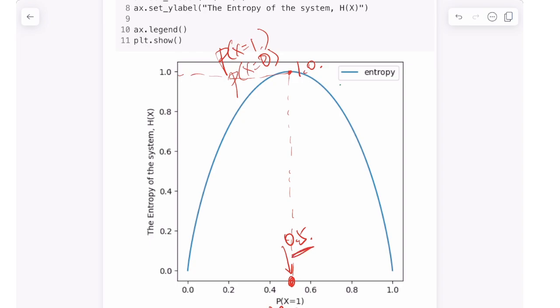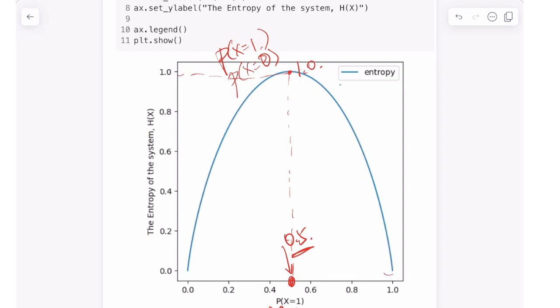So you cannot predict the next possible value of x, because it is randomly and evenly 1 and 0. So we say that this system has very high uncertainty.